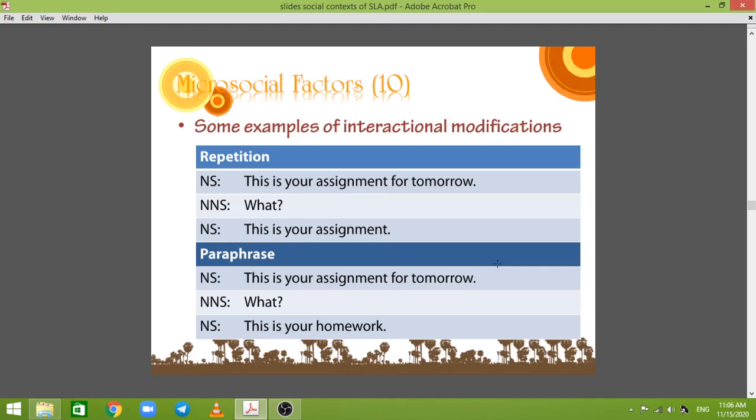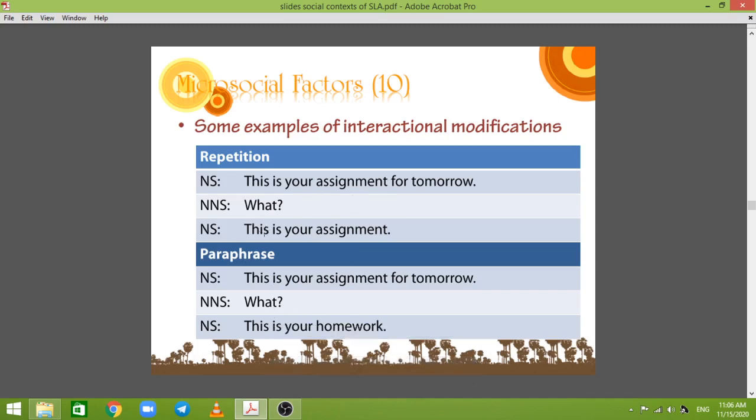Some examples of interactional modification, everyone. NS that I use here refers to native speaker, and NNS is non-native speaker. For repetition, for example, NS: This is your assignment for tomorrow. NNS: What? NS: This is your assignment.